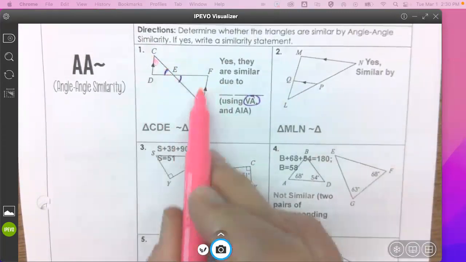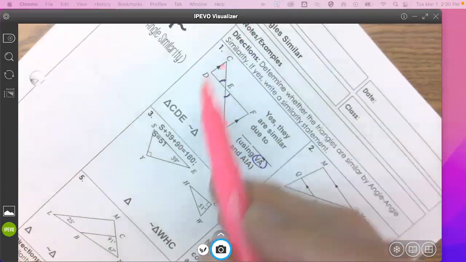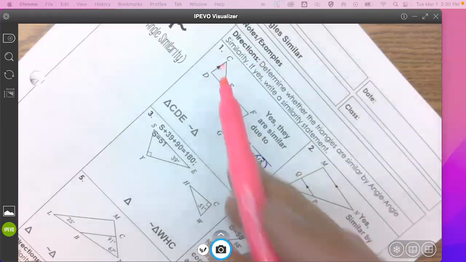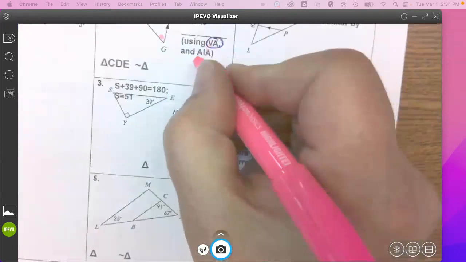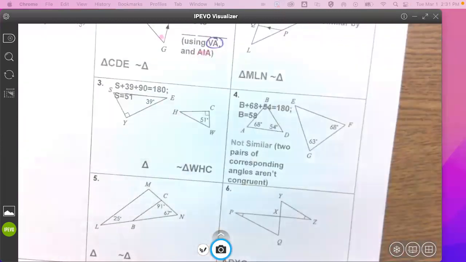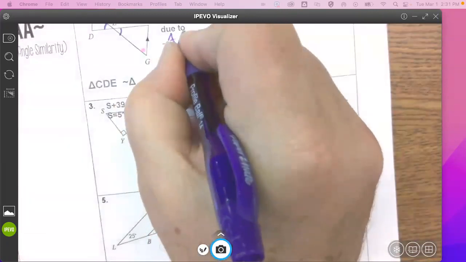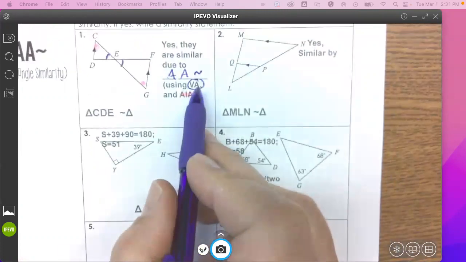ECD and EGF. Relative to this transversal, those two pink ones are alternate interior. They've got to have the same transversal. So that's enough for us to say that these two triangles are similar by, and then here's the rule we write in, AA similarity. You have to put that little similarity symbol there, please.